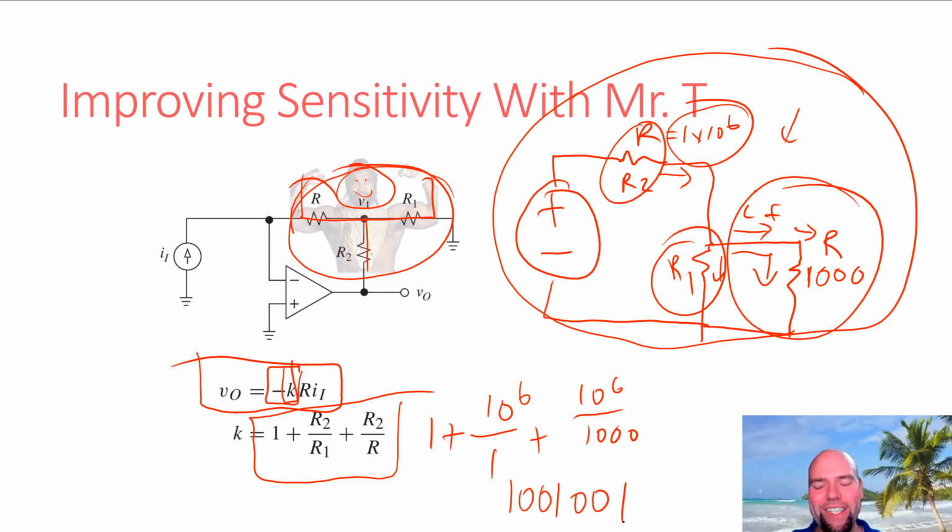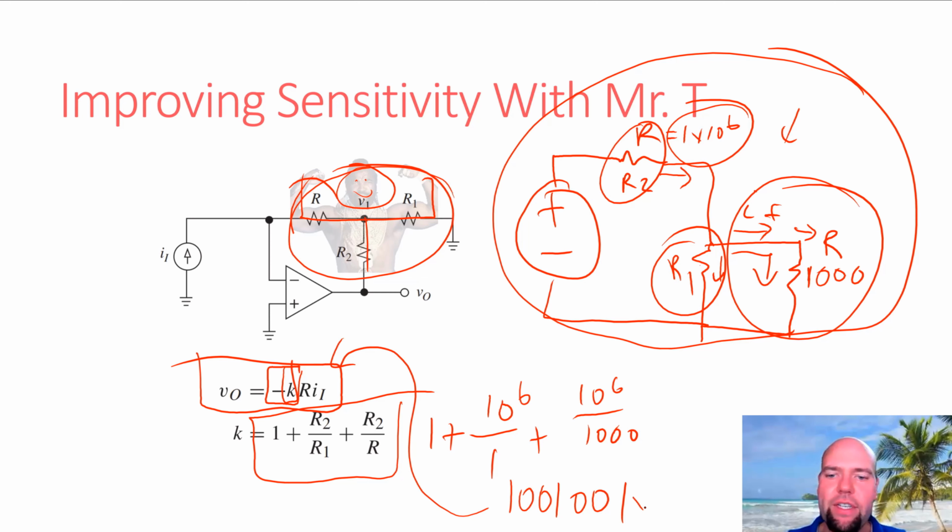So our factor K here is 1,000,000 and change, 1,000,001. You can pick better values if you want it to be perfect. But then that was multiplied by R, so now that's multiplied by 1,000.